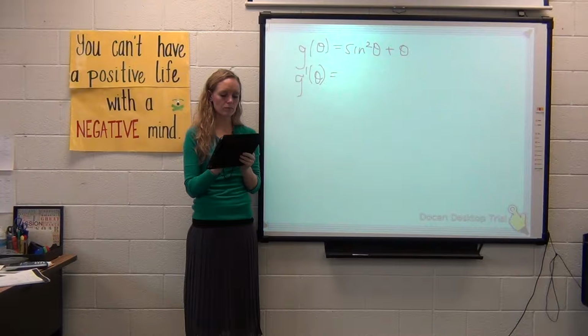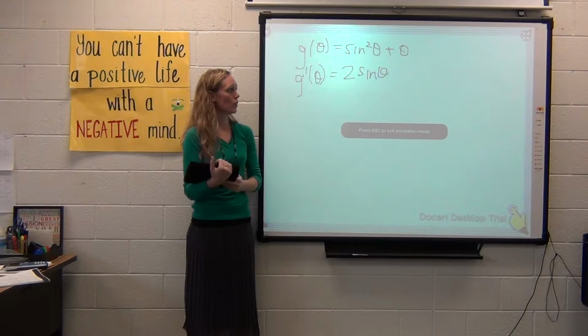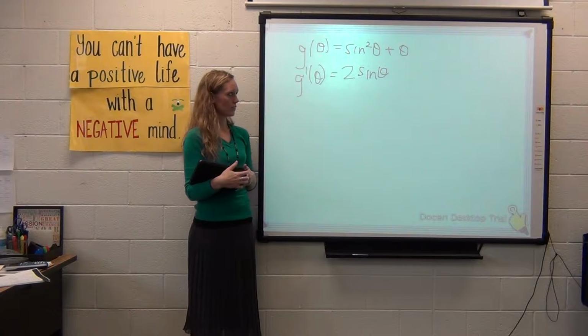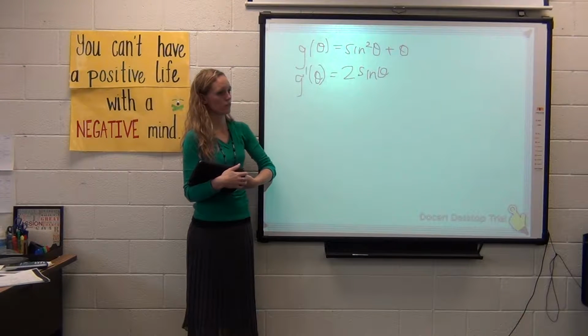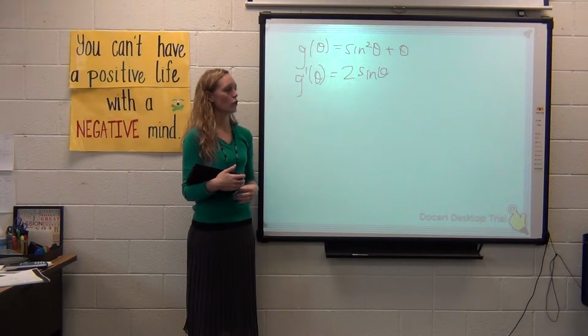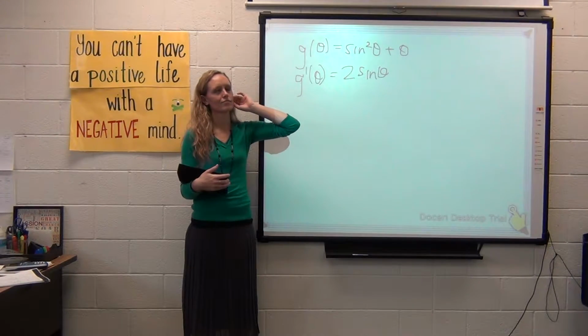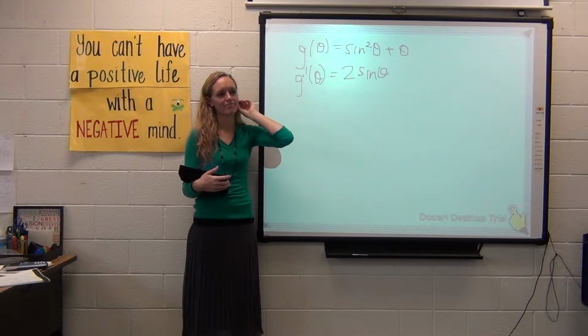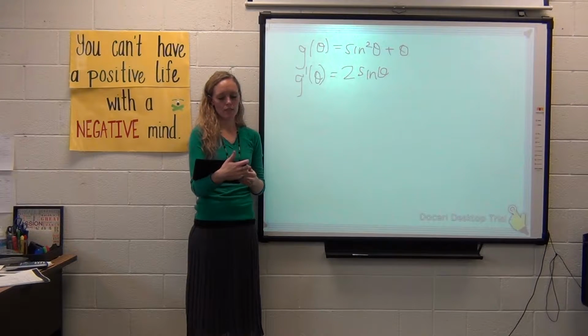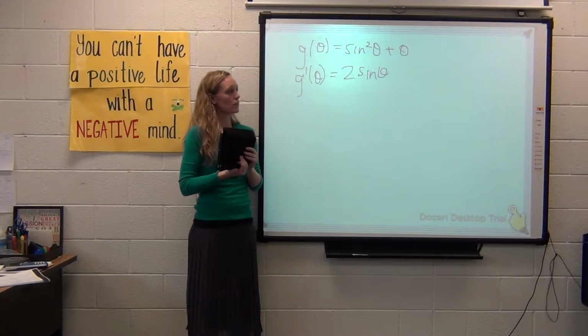You bring the 2 in front and keep the original function, sine of theta, and subtract one from the power. Then you take the derivative of sine of theta. What do you get? Cosine.